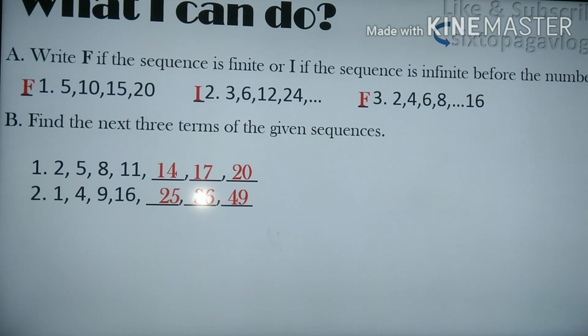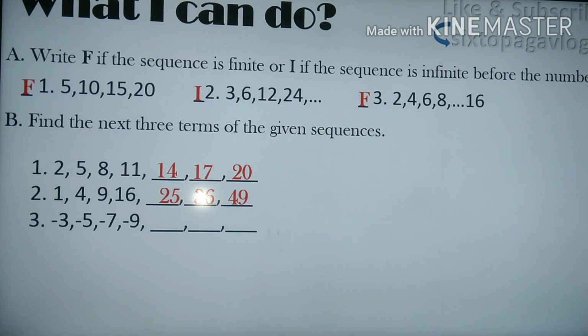So how did you get it? From the first element, 1 raised to the second power, so the answer is 1. Second element, 2 raised to the second power equals 4. 3 raised to the second power equals 9. So it means the pattern is counting numbers raised to the second power. Okay?